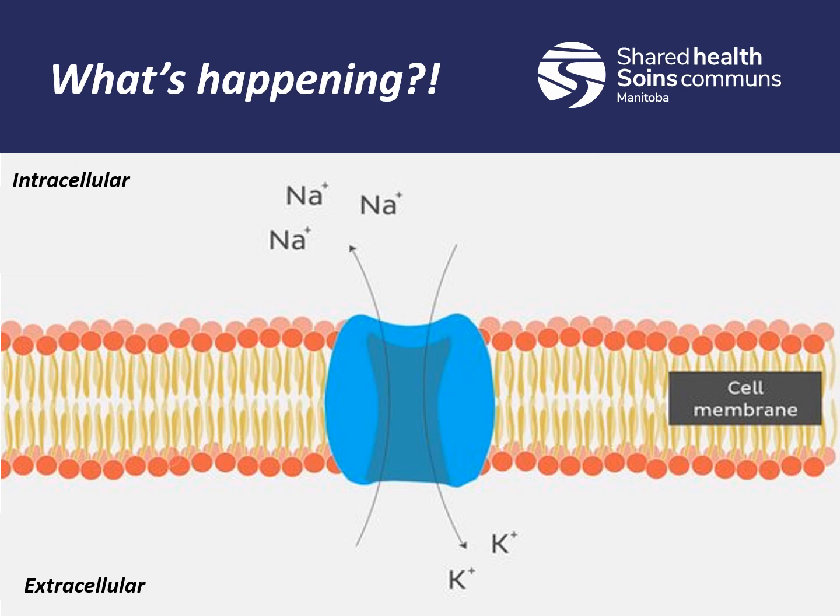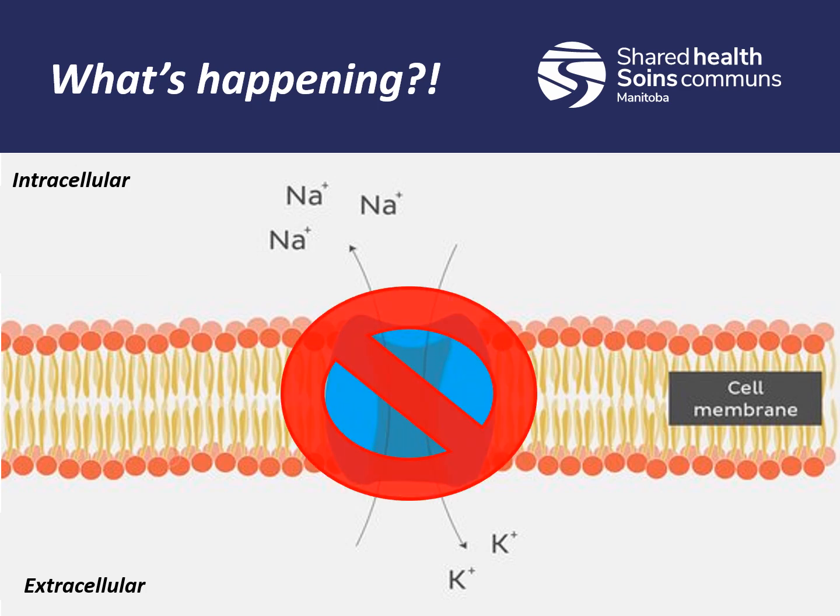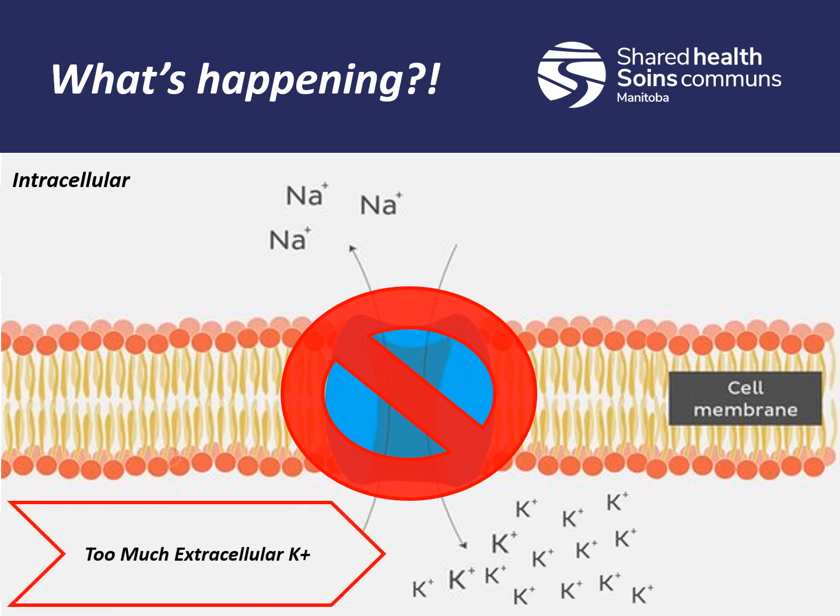This excess production or ineffective elimination now causes the sodium-potassium pump to stop working effectively. There's no longer any movement of potassium into the cells, and this leads to an excess amount of potassium in the bloodstream. This is hence the name hyper, which is a medical definition for above normal, and kalemia, potassium in the bloodstream.